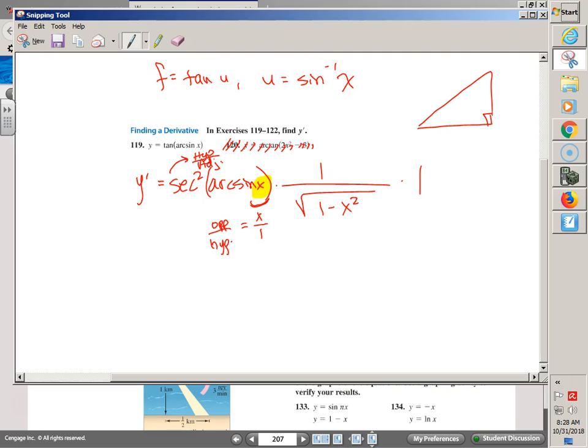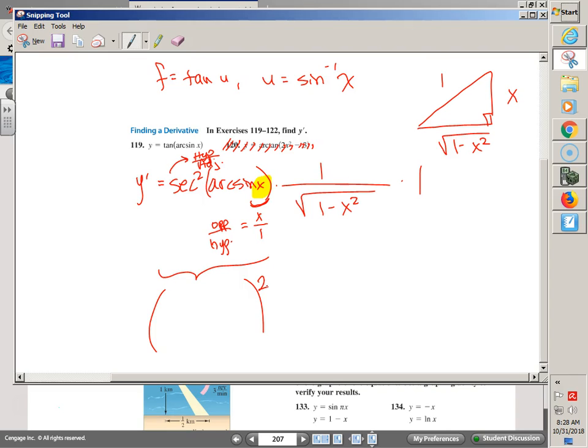Little stinkers. So opposite is going to be x, hypotenuse is 1. Pythagorean theorem would get me the square root of 1 minus x squared. It's actually adjacent. So then they say secant squared, don't fall for the notation. I won't get tricked by trig notation. Thanks, Ryan. Secant squared, I need secant to square.